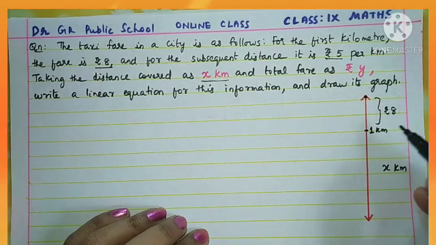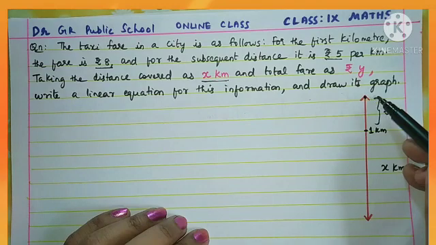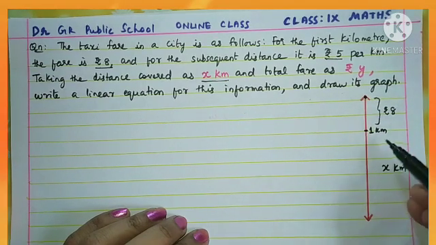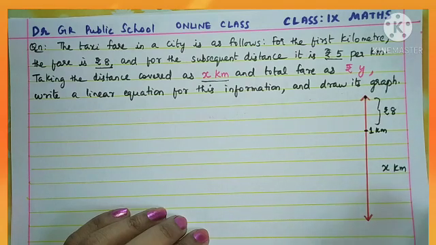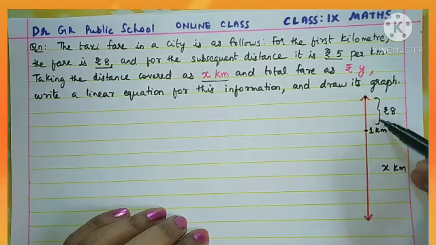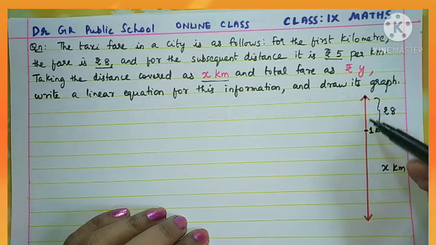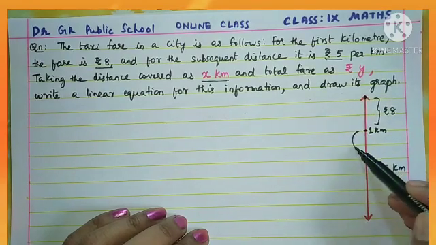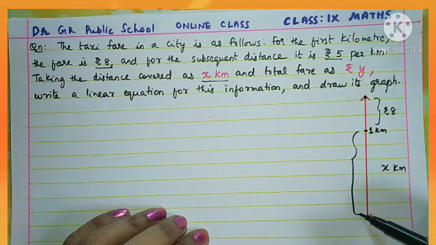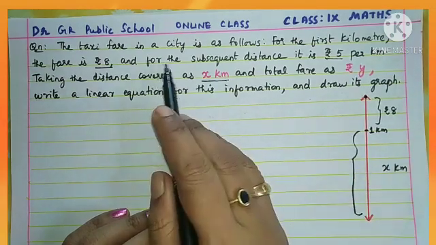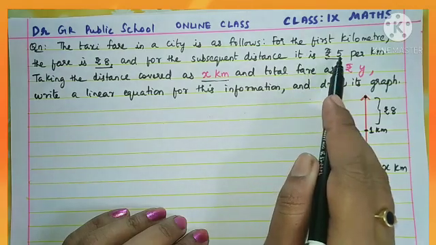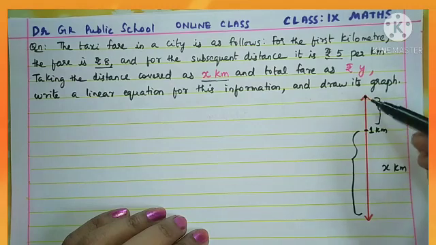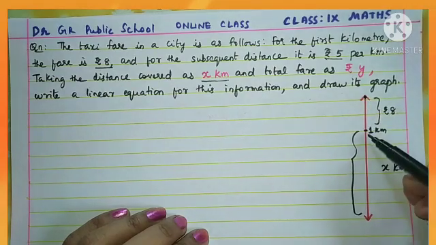Now, my question is, for this first kilometer we give 8 rupees, and what about the remaining distance? If 1 kilometer is traveled and the total distance I have taken is x, can you tell what the subsequent distance is? For the subsequent distance, we need to pay 5 rupees more. So what is the subsequent distance, children? After traveling 1 kilometer, what is the balance?